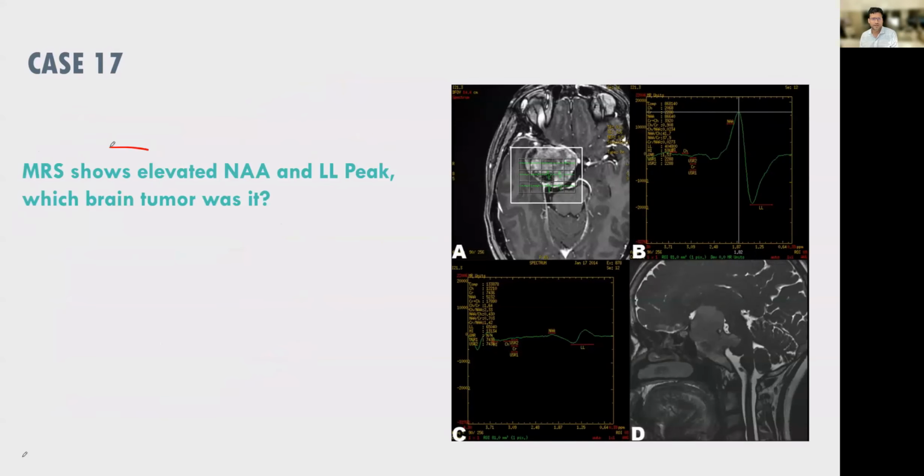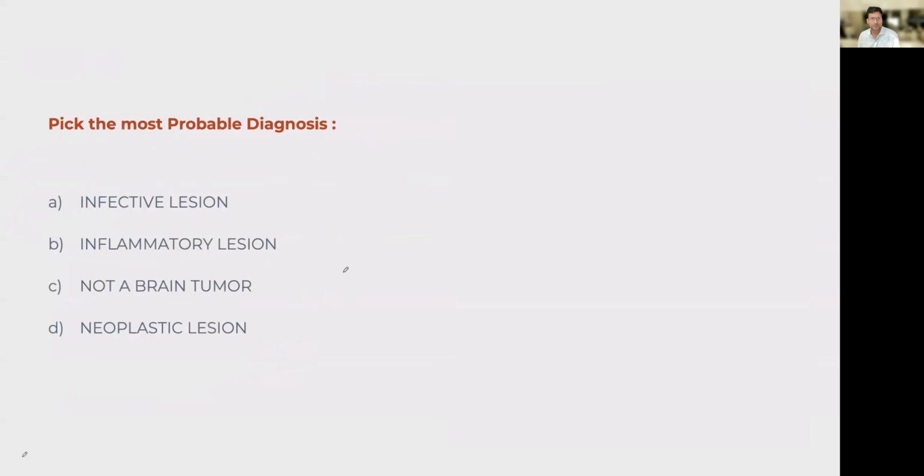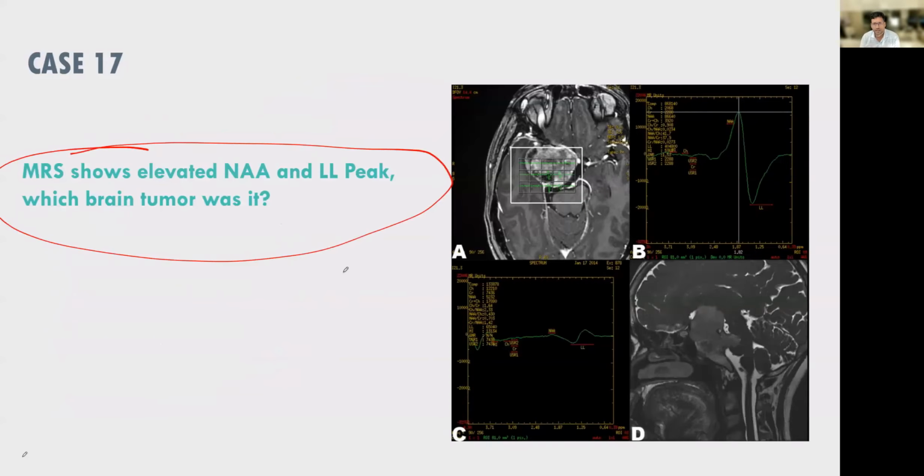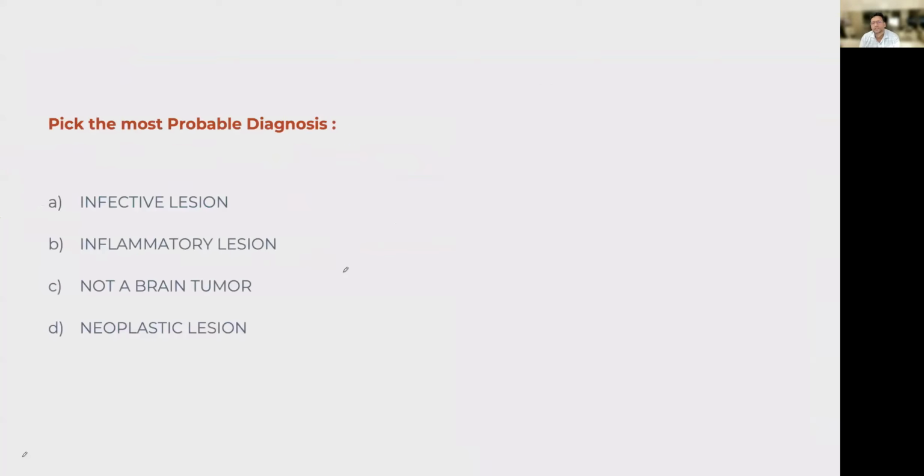MRS shows elevated NAA and lipid lactate. Which brain tumor was it? The answer is this. So we pick one. Go through once again carefully.